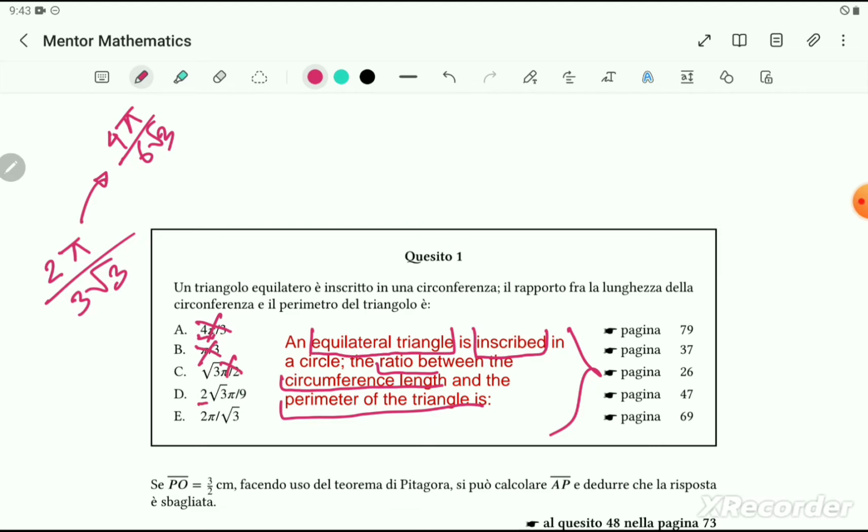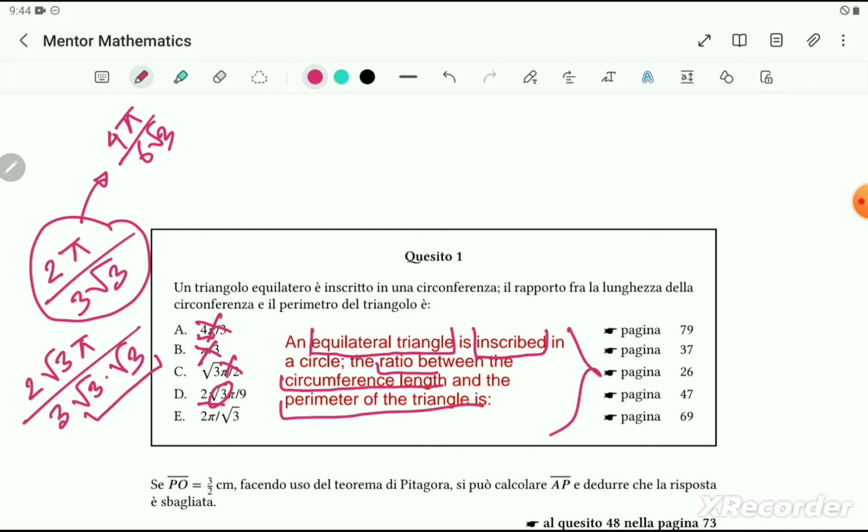How about 2 root 3 pi by 9? It's interesting. How about we multiply numerator and denominator of our value by root 3, then let's see what happens. So 2 root 3 pi, and in the bottom 3 root 3 times root 3. Root 3 and root 3 becomes 3, and 3 and 3 multiplied becomes 9.